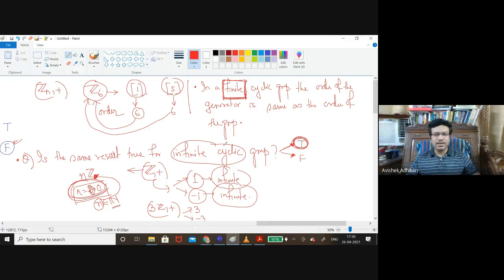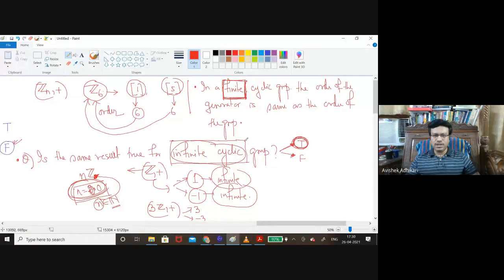Some of the authors put the order of some element that is infinite as 0, but most of the authors put it like this, infinite.